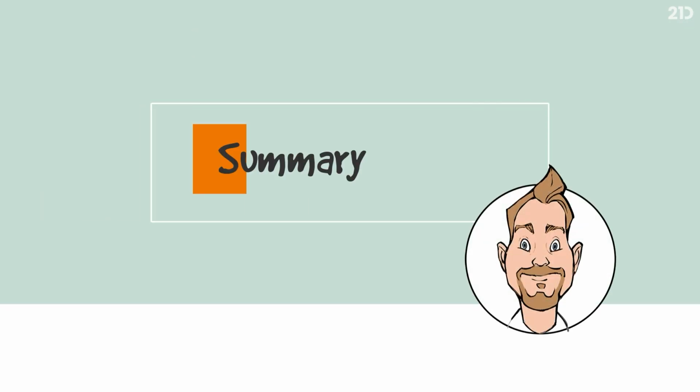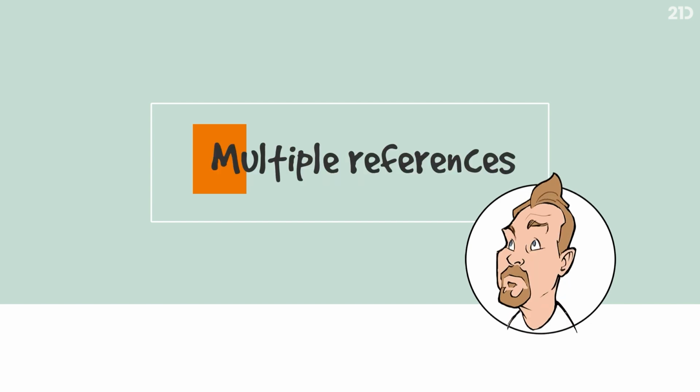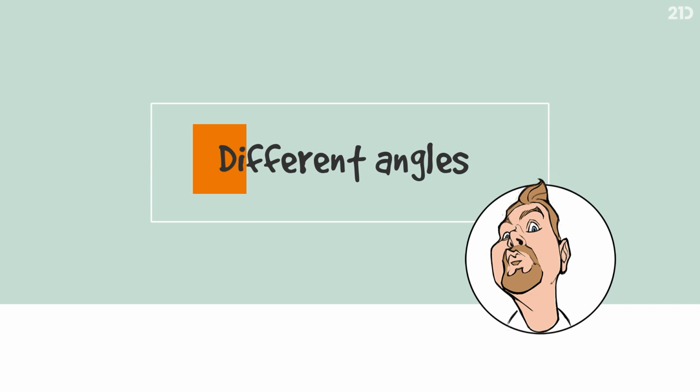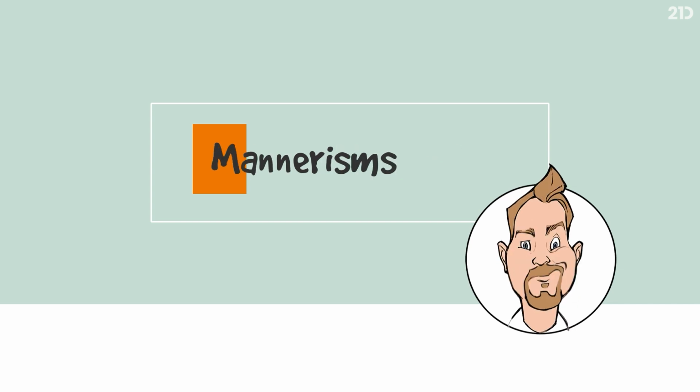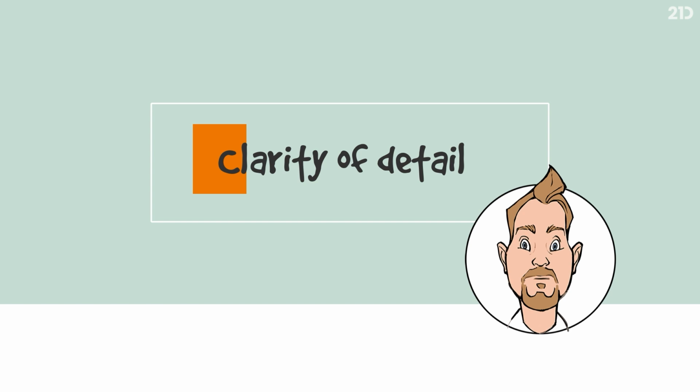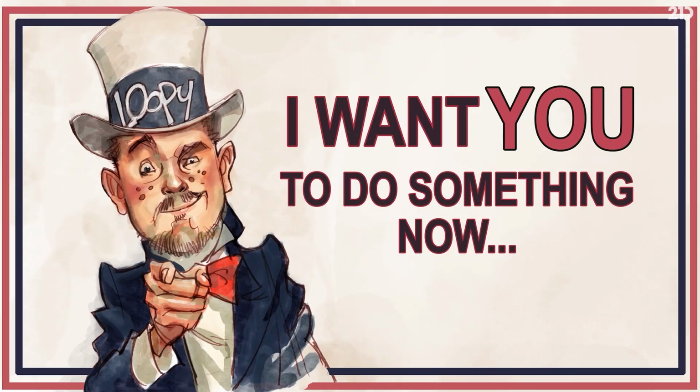While it's perfectly fine and, in some cases, entirely necessary to work from one image, we've discussed the benefits of collecting multiple points of reference for a better understanding of the face. We've looked at different angles, looking for more interesting photos, a person's mannerisms, clarity of image, etc. So now, let's look at what you can do.